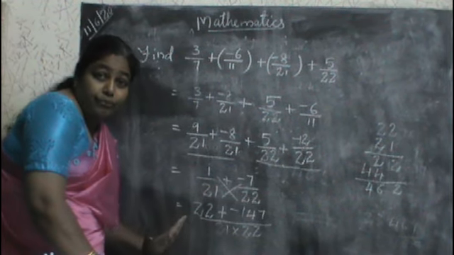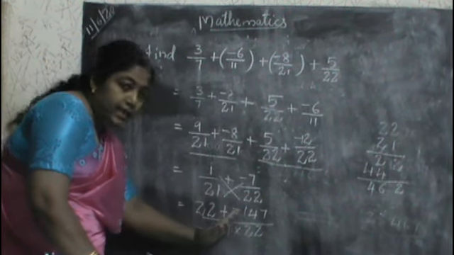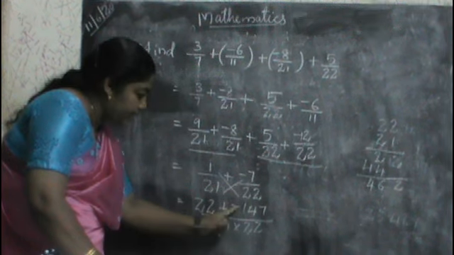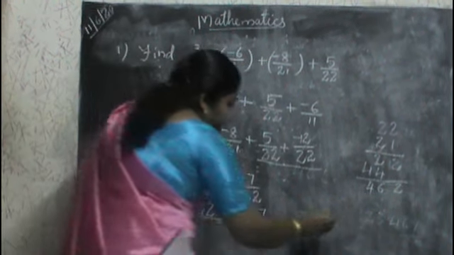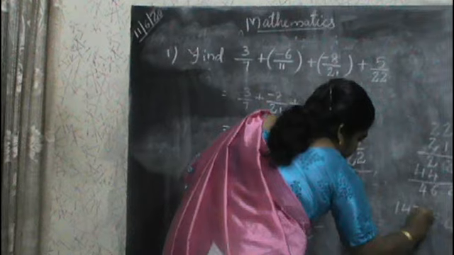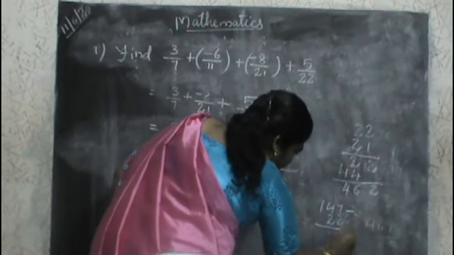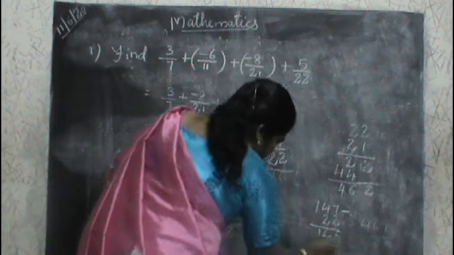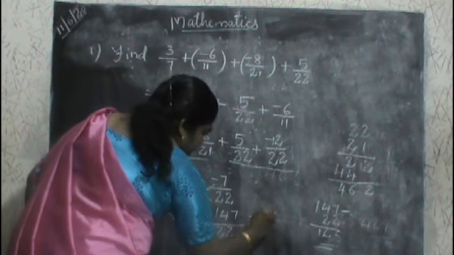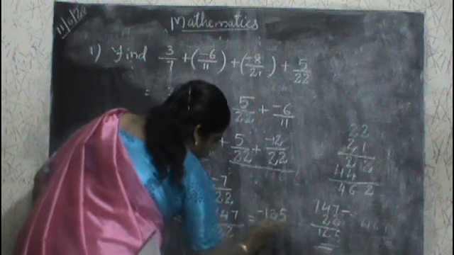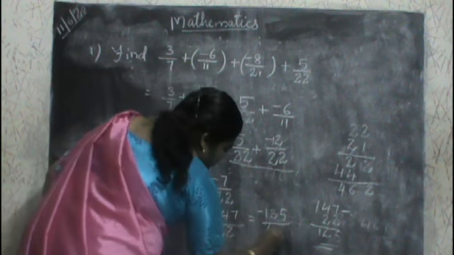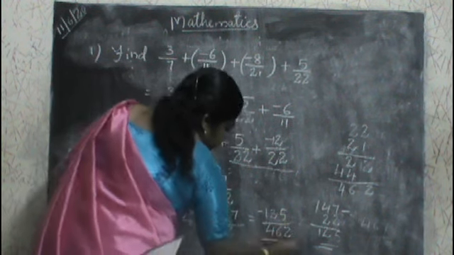So find the difference and give the sign of the greatest number. 147 minus 22 is 125. That is equal to minus 125 divided by 462.